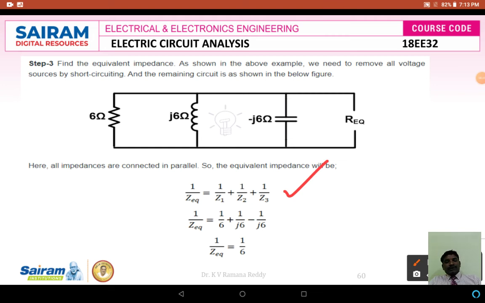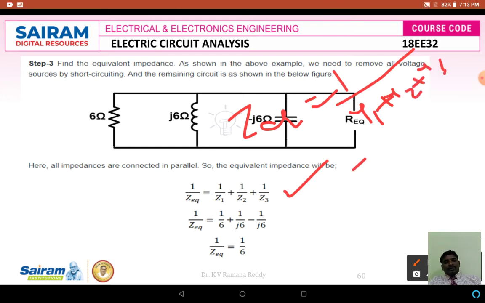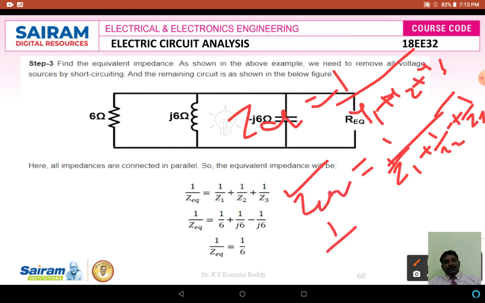Then the simplified equation becomes 1 by Z equivalent. If Z equivalent is equal to 1 by y1 plus y2 plus y3, where y1 means 1 by z1, then 1 by Z equivalent becomes 1 by z1 plus 1 by z2 plus 1 by z3.